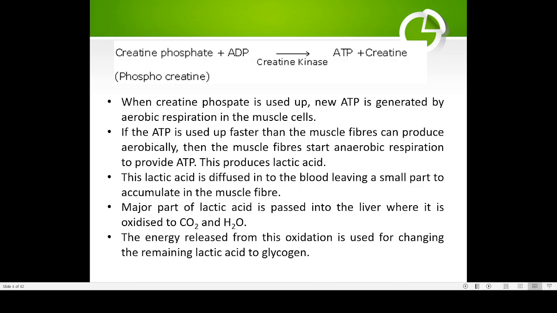ATP is again produced, but that has a problem. It produces a lot of lactic acid.